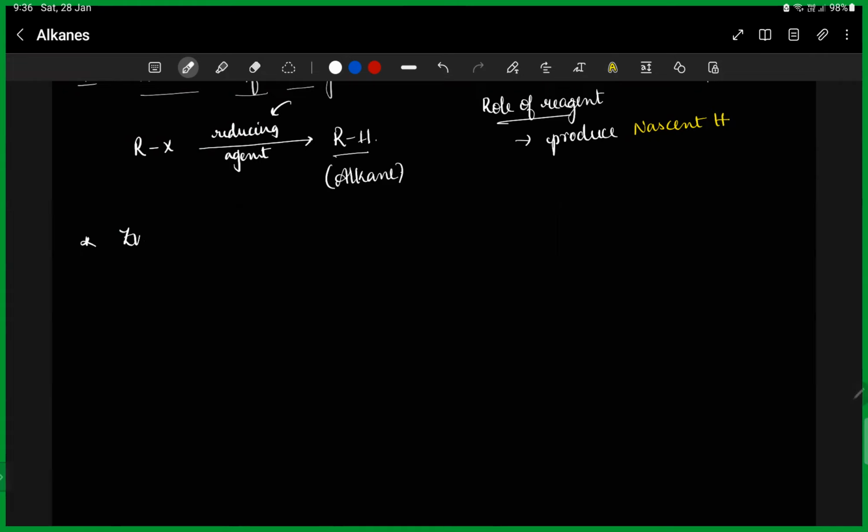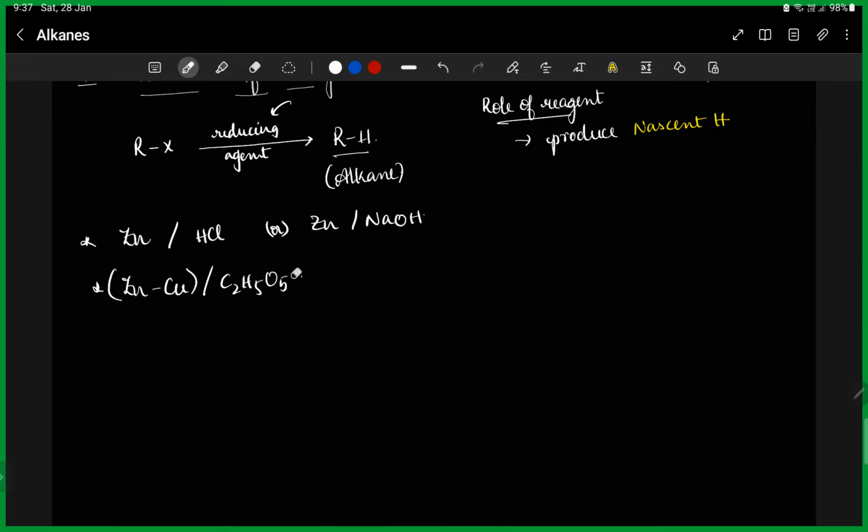We have zinc with HCl or zinc with NaOH. When you take any bivalent metal like zinc, you can clearly understand that you will reduce it. Then zinc copper couple with ethanol, C2H5OH.